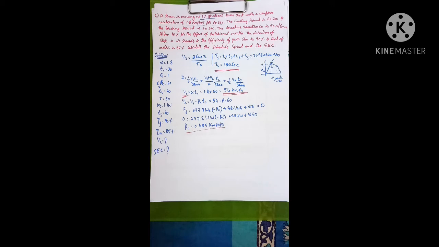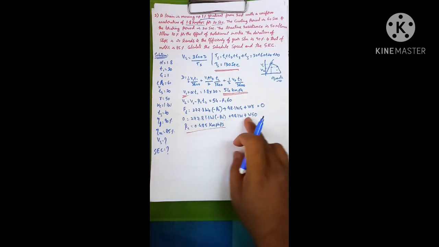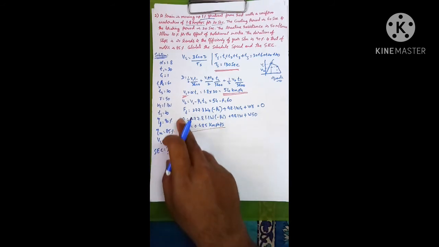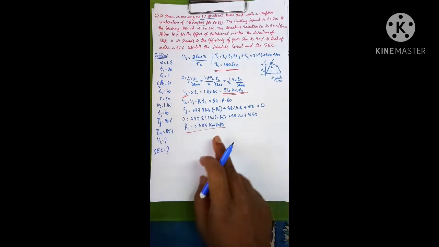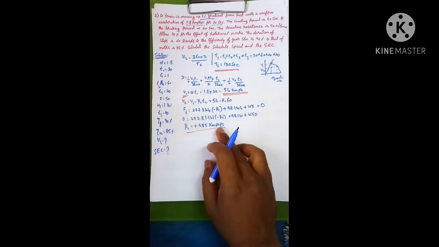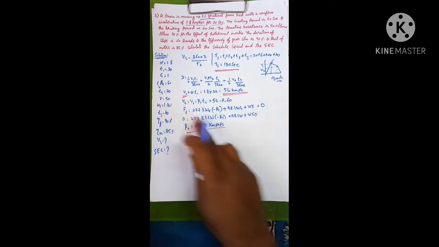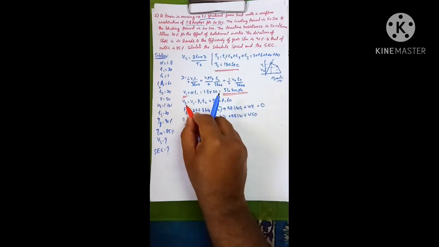Now we don't know the W value, so W can be taken to the LHS side. When we take it to the LHS side, it will be divided, and anything divided into 0 will be 0 only. That's how we can remove the W, and we got beta c. After getting beta c, you can substitute it to find V2.